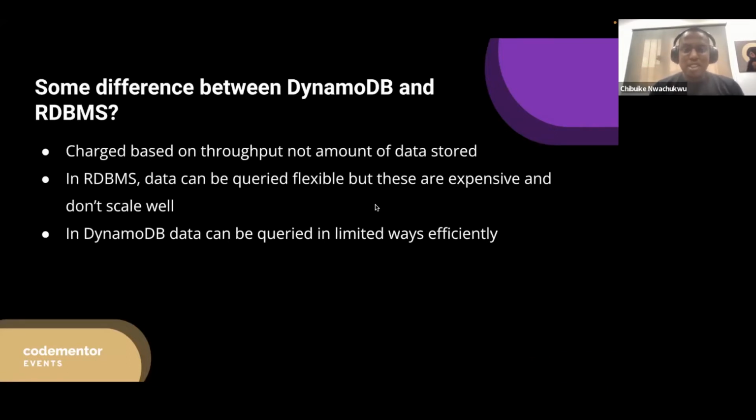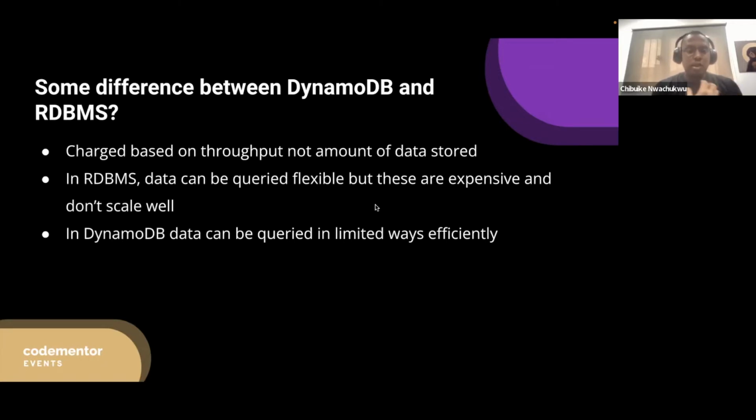So, some differences between DynamoDB and SQL, which is like RDBMS. There are actually lots of differences, but I scaled it down to just these three, right? We are charged based on throughput. Compared to SQL databases, for instance MySQL, if we have a platform that hosts our MySQL DBs, we are charged based on the data that is being stored.